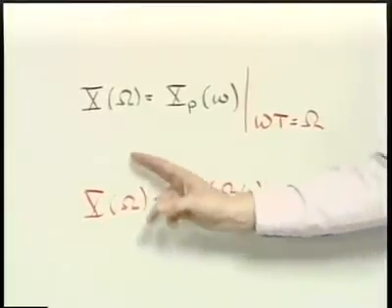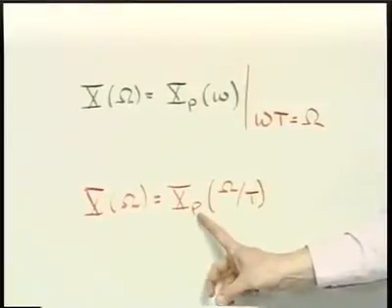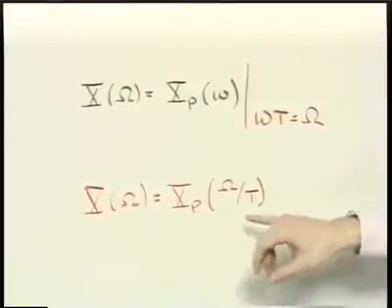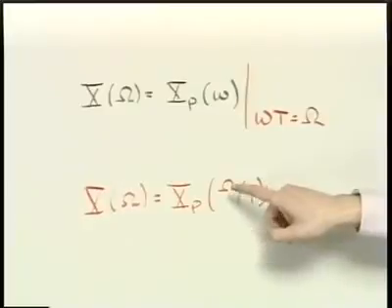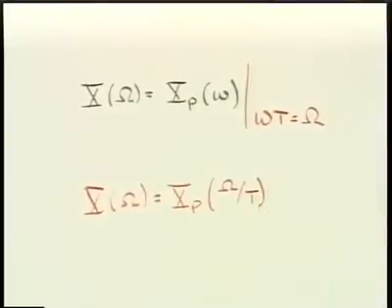Or said another way, the discrete time spectrum is the continuous time spectrum of the samples with small omega replaced by capital omega divided by capital T.